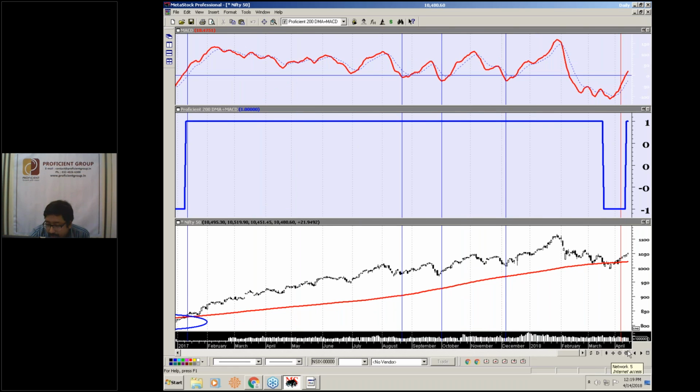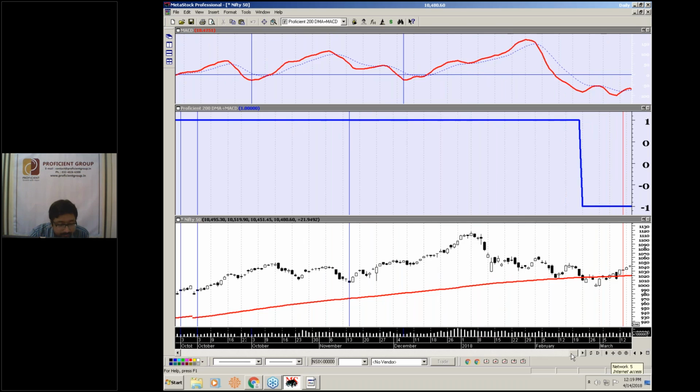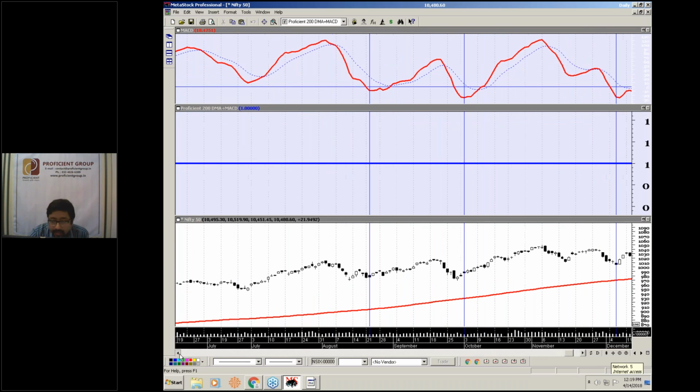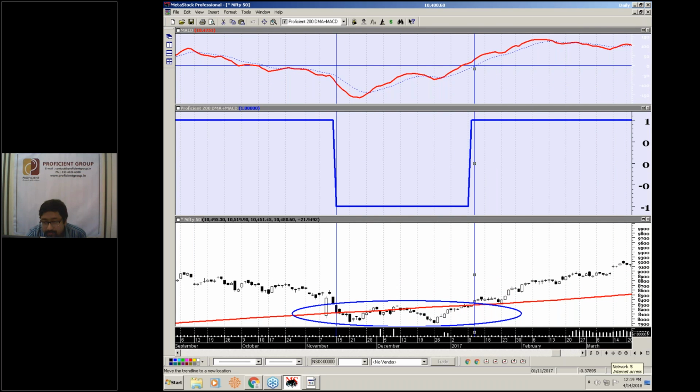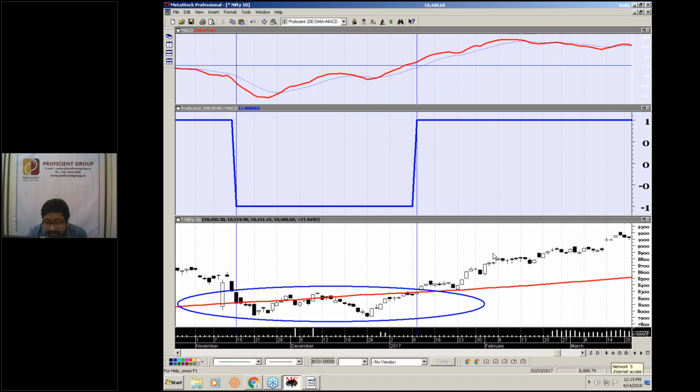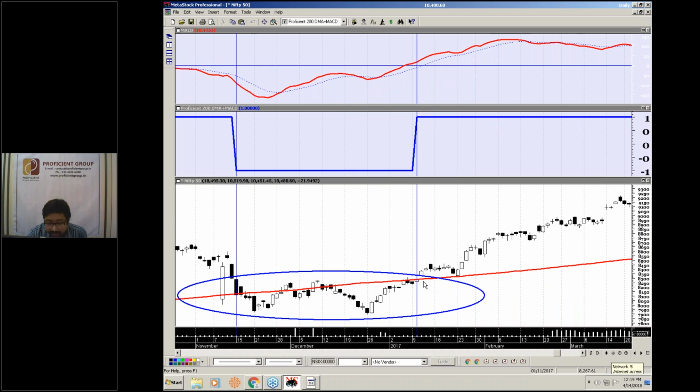Now look at this area. As I had shown you this condition earlier, this was the time when the indicator that we created actually went from -1 to +1.